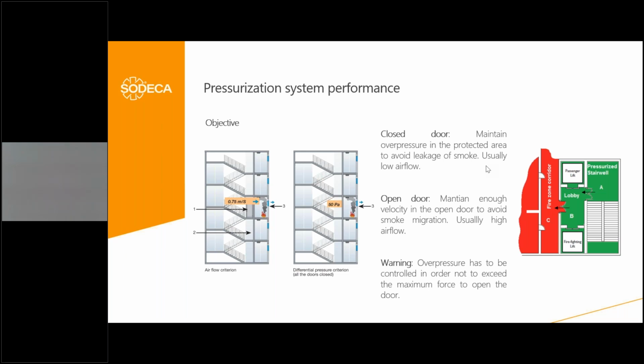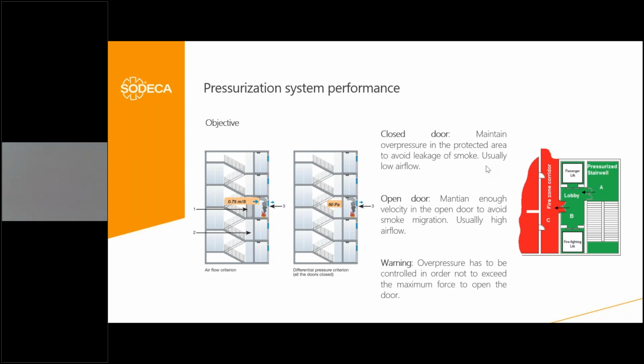Okay, so regarding the pressurization system performance, the main point is to clarify what is the objective of such systems. First, we have a system that we use to maintain the escape routes free of smoke.